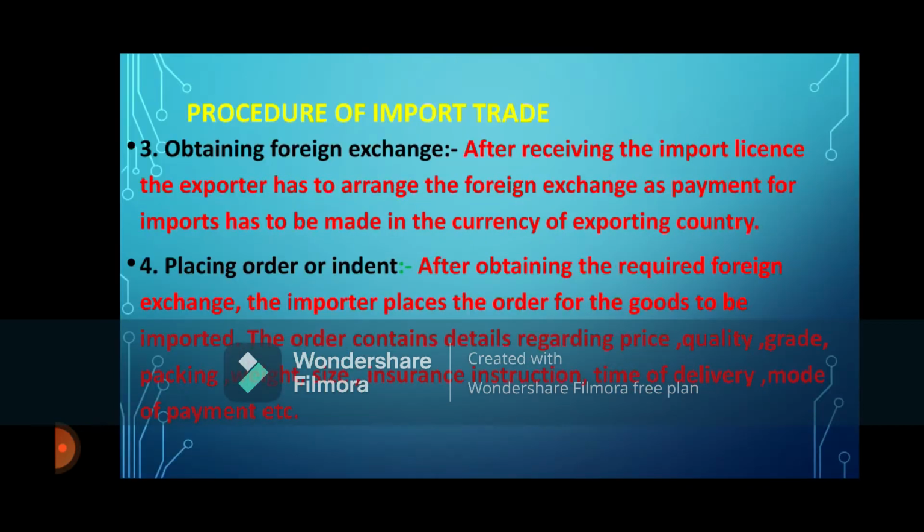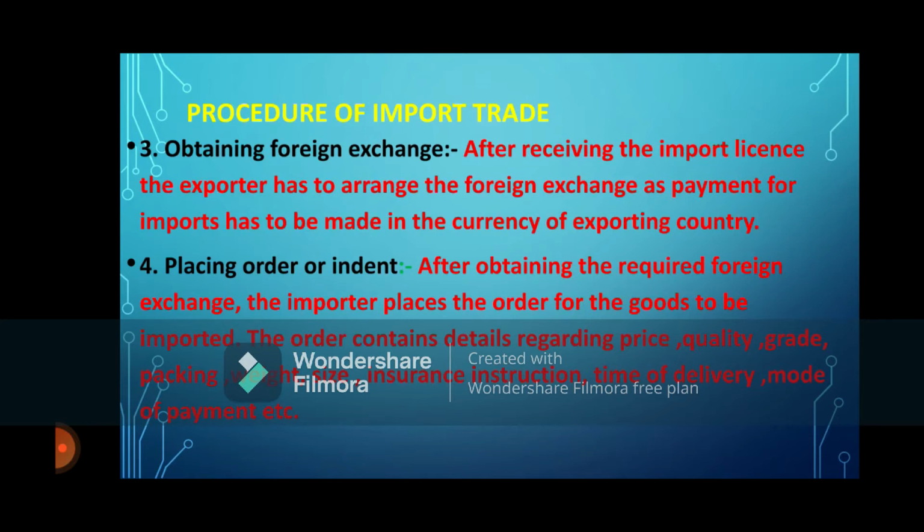Third step in this procedure is obtaining foreign currency. After receiving the import license, the importer has to arrange the foreign currency, as payment for the imports has to be made in the currency of the exporting country.